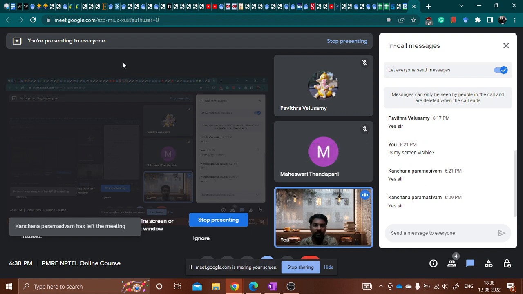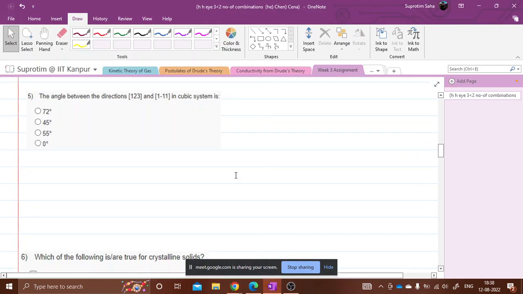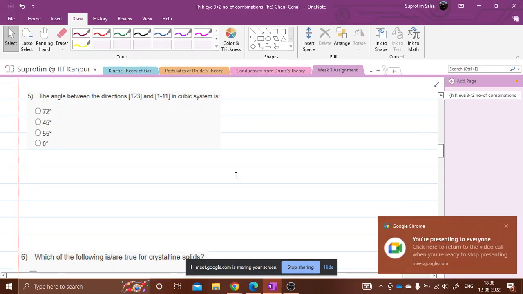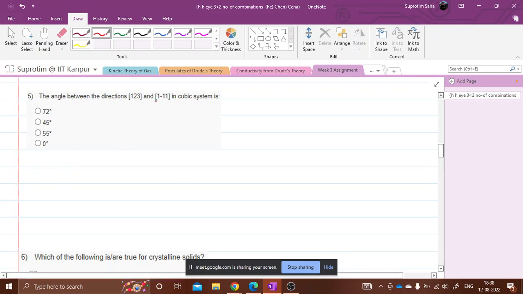I hope you are getting the answers. So the angle between the directions 1 2 3 and 1 minus 1 1 in a cubic system is. So these are the direction cosines, as you can obviously notice.